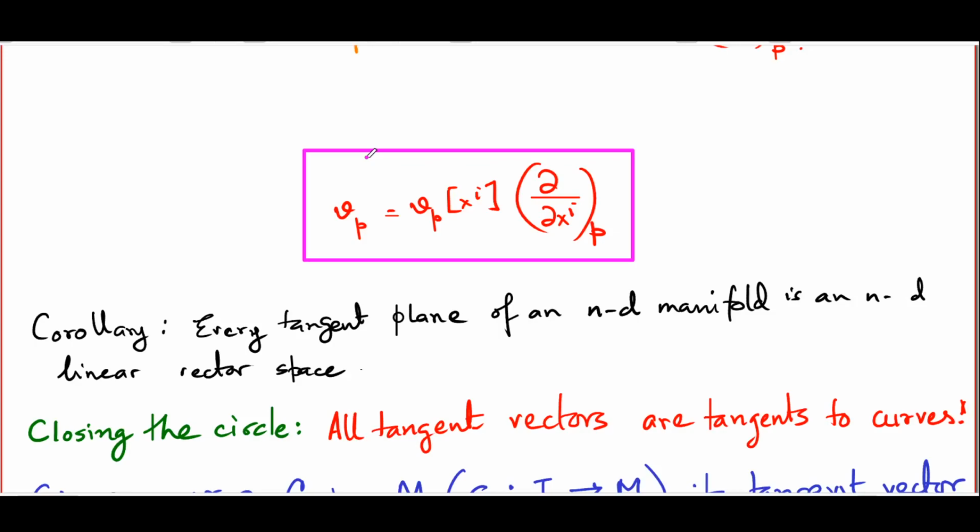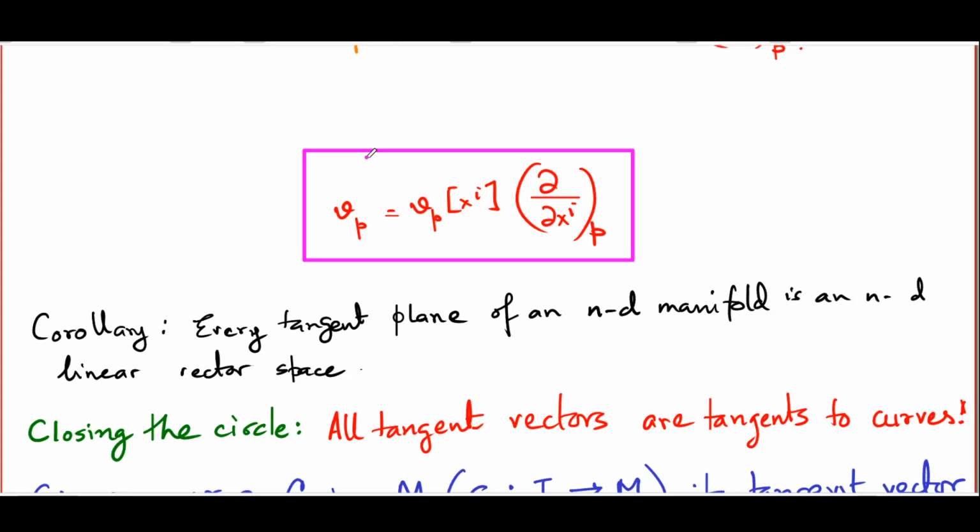One immediate consequence is a very obvious corollary. Every tangent plane of an n-dimensional manifold, that is, every T_pM for different points p on M, must be an n-dimensional linear vector space. After all, if you have an n-dimensional manifold, then every point p belongs to the domain of some chart or the other, which maps the points of the domain of the chart into an open set in R^n.